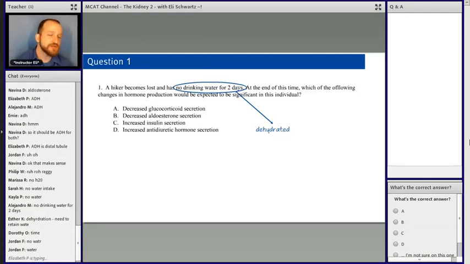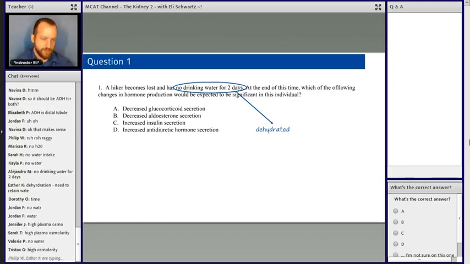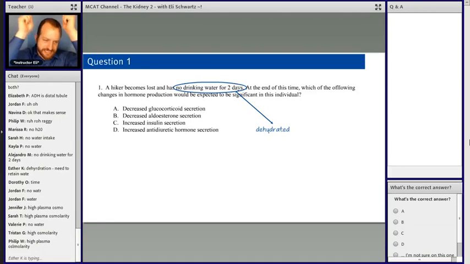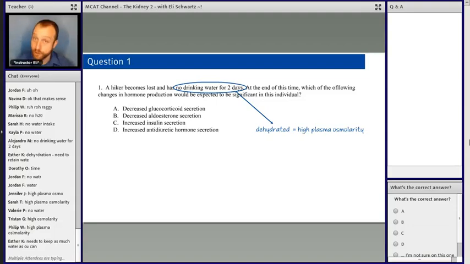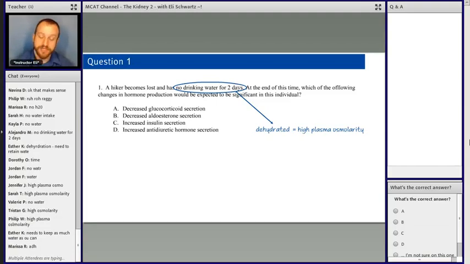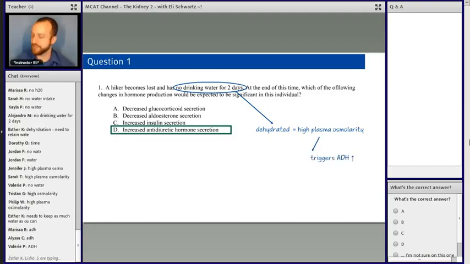Now, definitely dehydrated implies what about our body systemically? I don't want to give you too many hints. High plasma osmolarity. Ding, ding, ding. Sarah, Jennifer, Tristan. Okay. High plasma osmolarity means who has to respond? Even though it's been 2 days, even though they should have responded earlier already. Thank you very much. Better be ADH. Nicely done. Answer choice D.